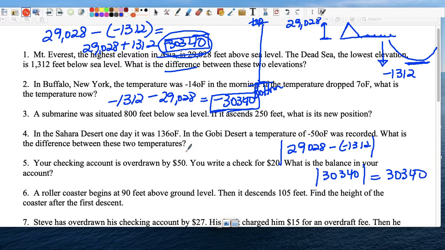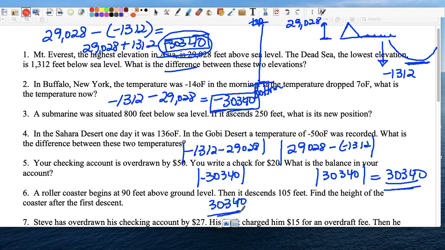If you did it the other way and got negative 30,340, the absolute value of that gives the same result. That's why I'm asking you to find the difference within the absolute value, because distance cannot be negative. So the answer, assuming I added correctly, is 30,340. That's the distance from the top of the mountain to the bottom, the Dead Sea.